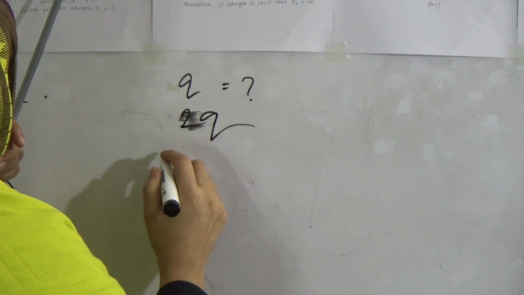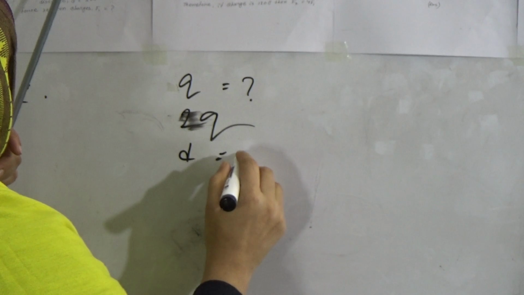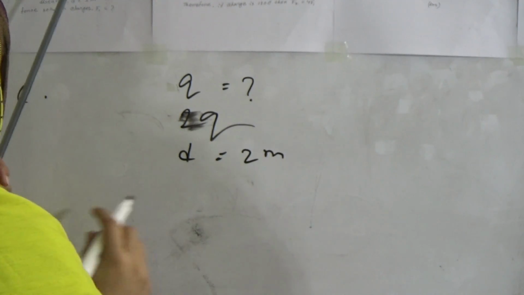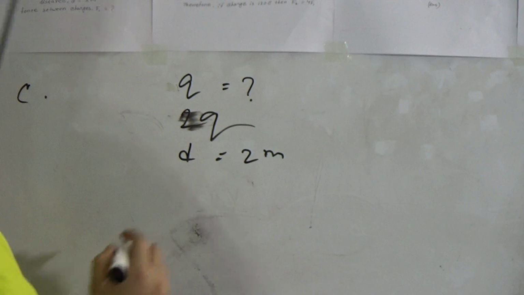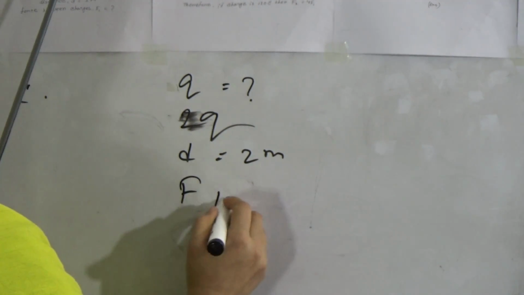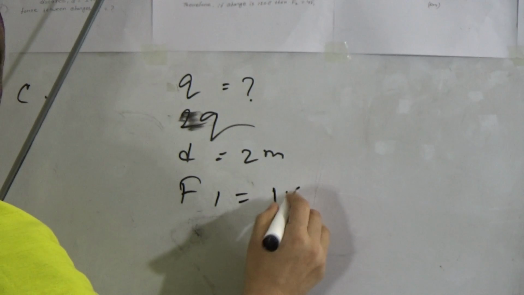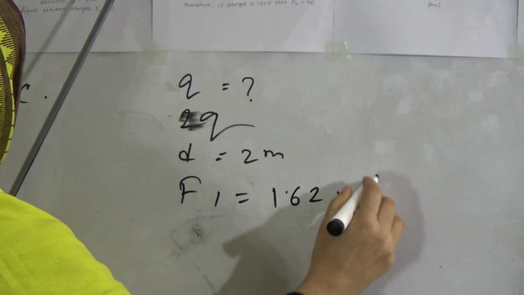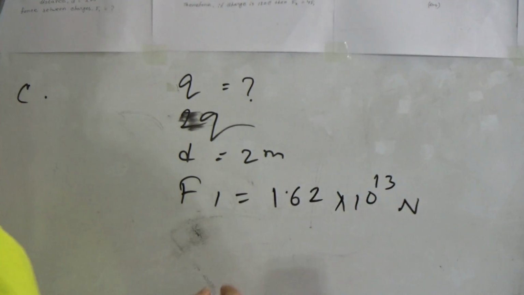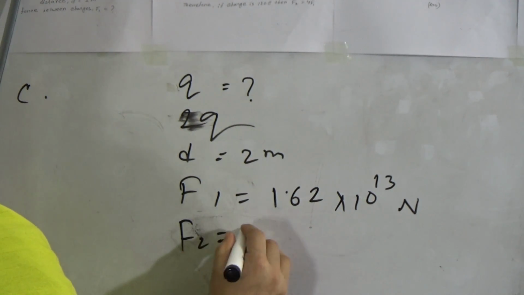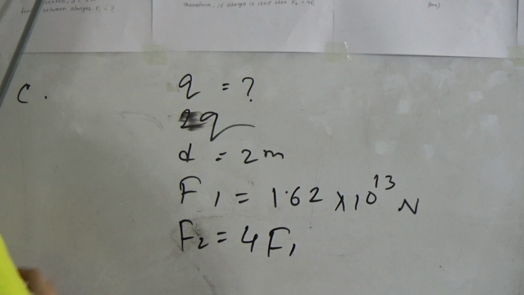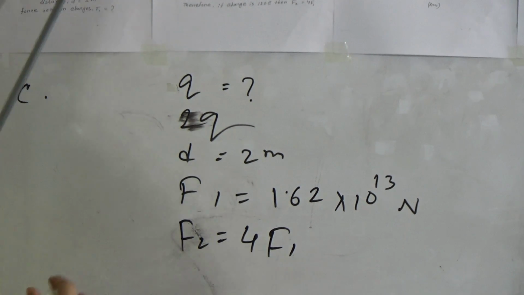Then the distance between these 2 charges D equals 2 meter. And from part C we have found that force F1 equals 1.62 into 10 to the power 13 Newton. But in this question, F2 equals 4 F1. So we have to find out this one.